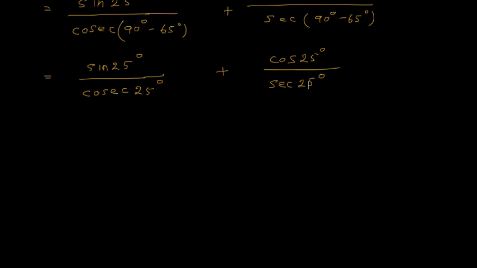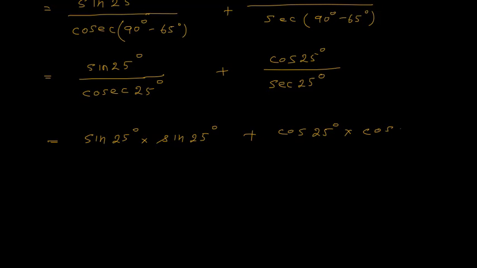Now 1 upon cosec is sine, so I will write this as sine 25 degree into sine 25 degree, plus cos 25 degree into cos 25 degree, since 1 upon sec is cos.